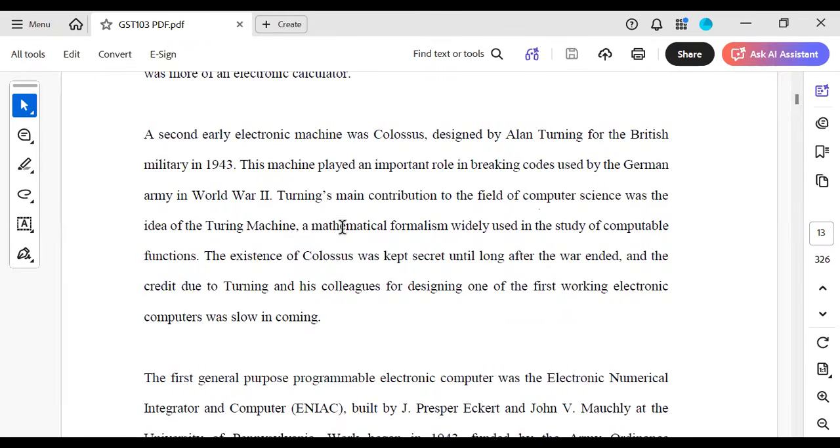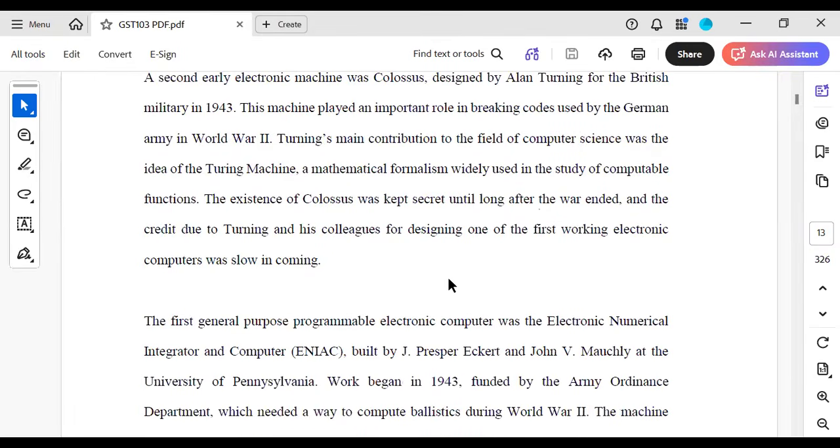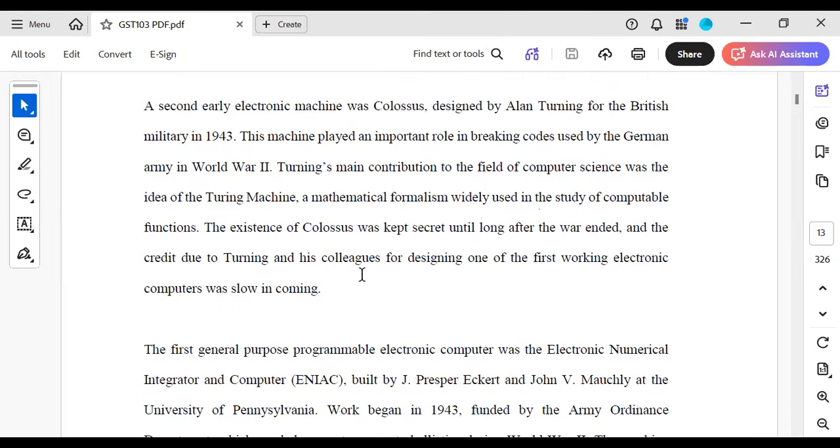It's very important. Now the Colossus plays an important role. This is another machine that came after that of Atanasoff, the first attempt at electronic computers in 1937.